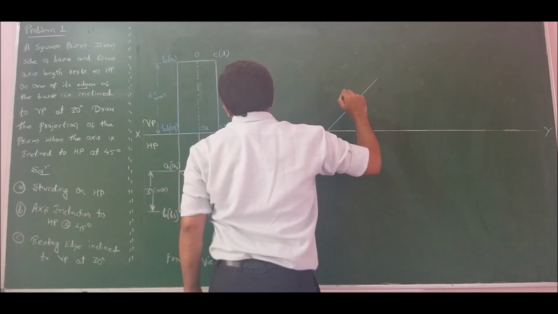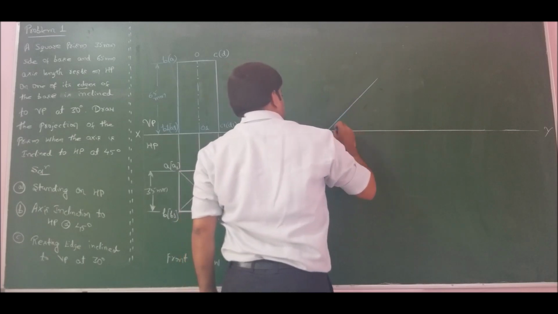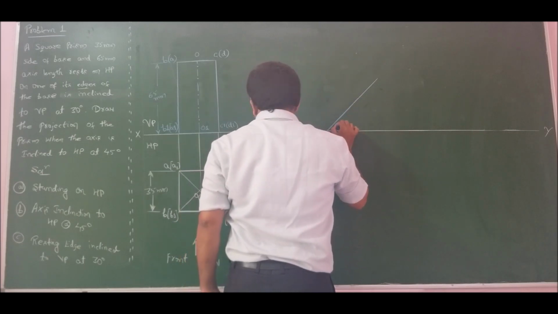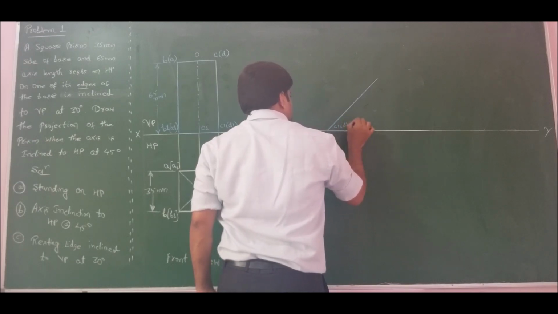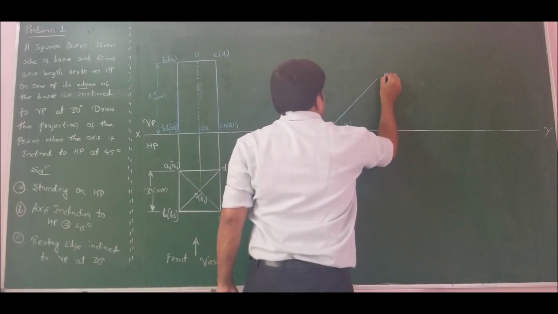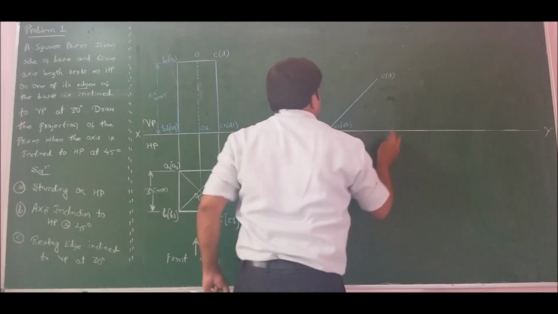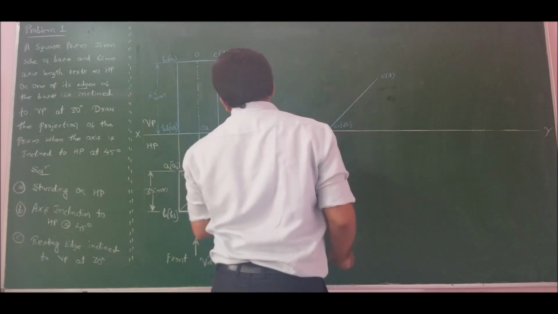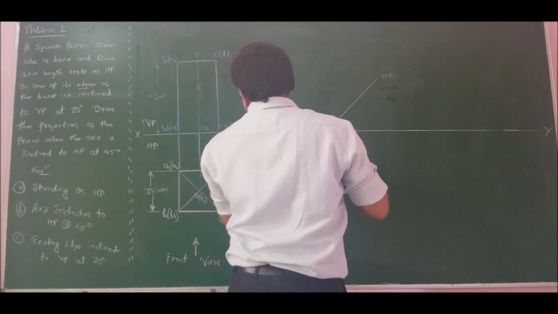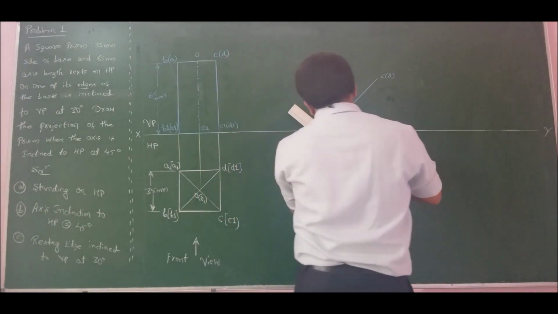The longer edge is C1C or D1D. At the base we have C1, D1 is invisible, and at the apex we have C and D. Now draw the perpendicular line to this longer edge on either corner whose length is 35 mm.